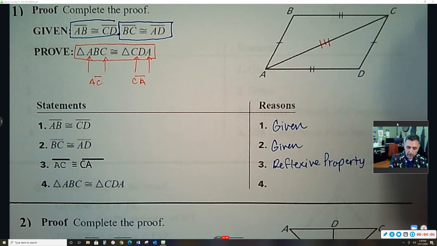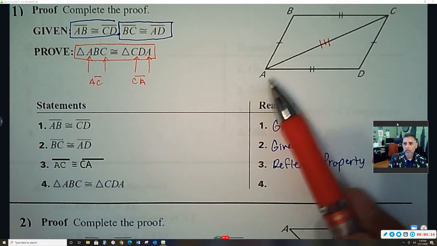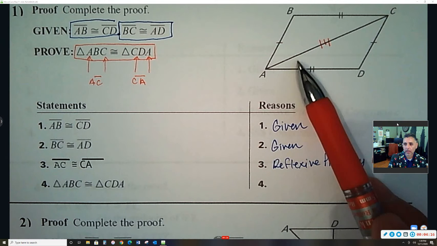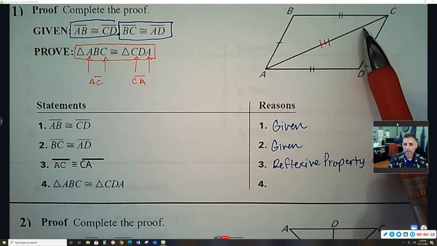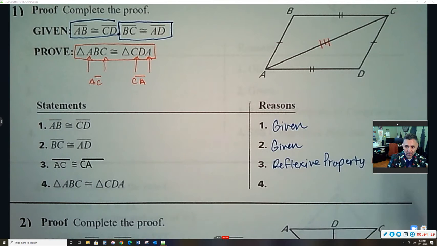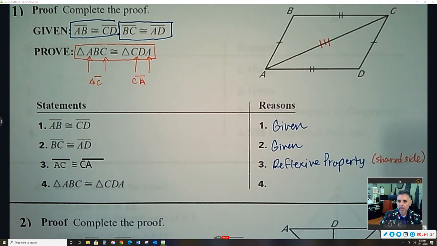If you can't remember reflexive property, just hopefully you remembered that it's a shared side, and you can tell it's a shared side by looking back at the diagram. That's a shared side. Okay, so either you write down reflexive property or shared side.